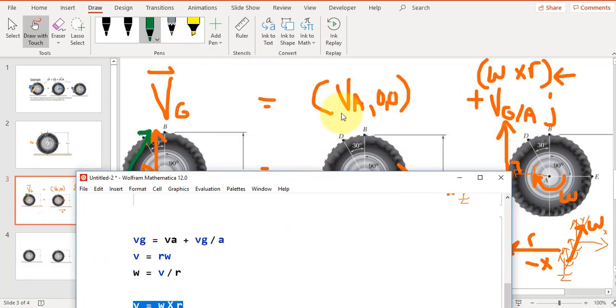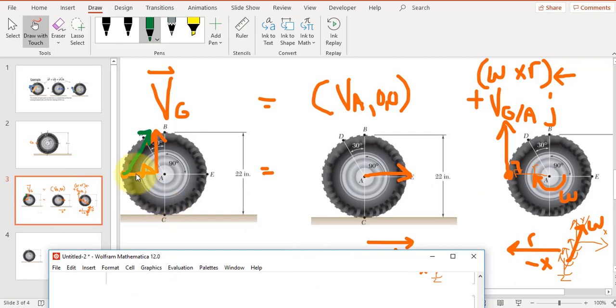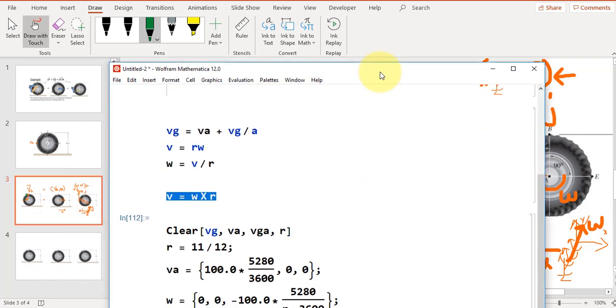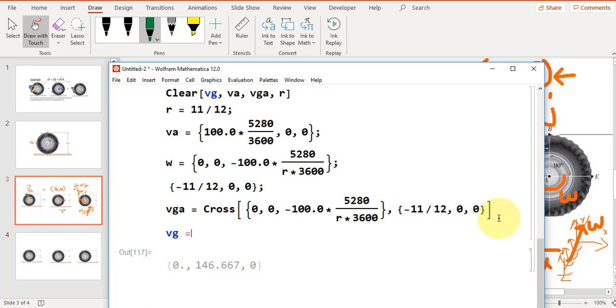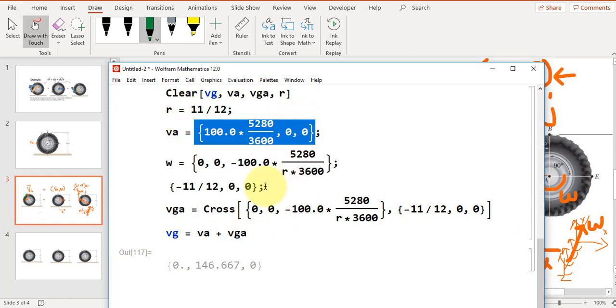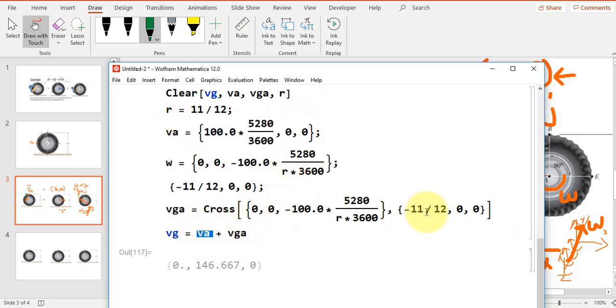Okay, so we have velocity A in the X direction, G with respect to A in the Y direction, and now we would like to see the overall velocity of this point G. So now that we have each of these defined, all we have to do is say VG is equal to VA plus VG with respect to A. And this will pull the XYZ components in here for VA.